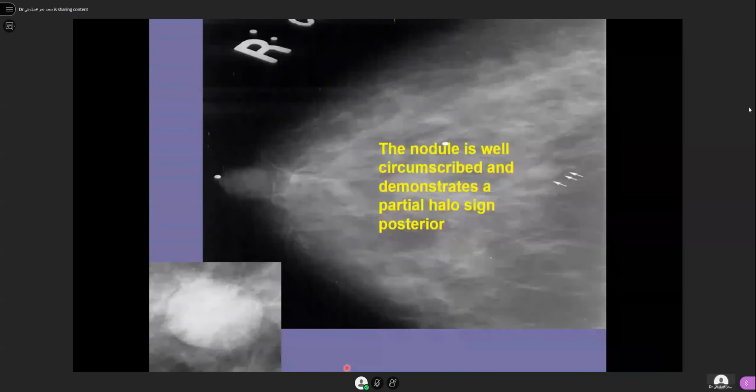First of all, if the mass is well defined, there are more chances of benign mass, but we have to confirm with the help of the biopsy. There are some radiological features which help us.